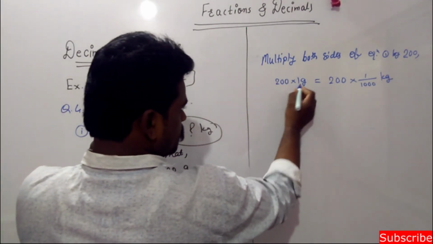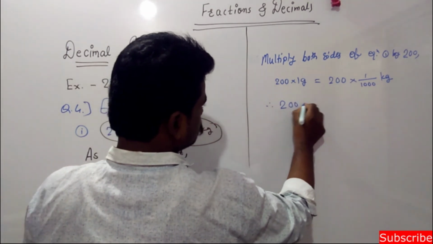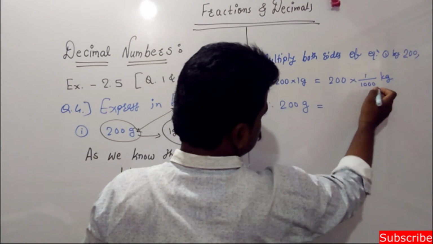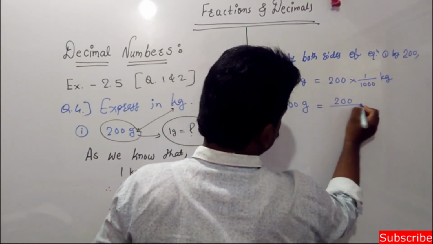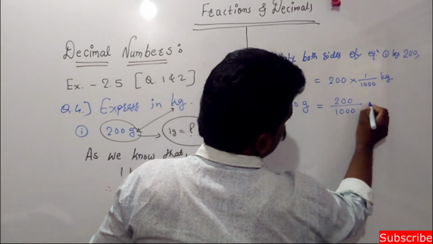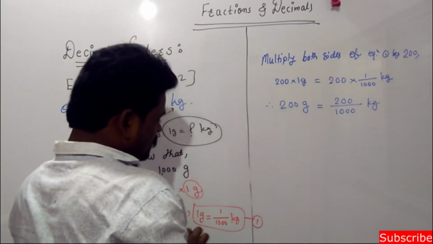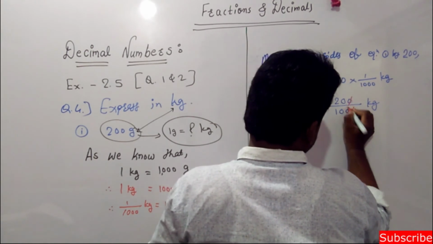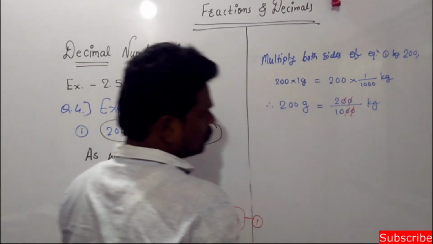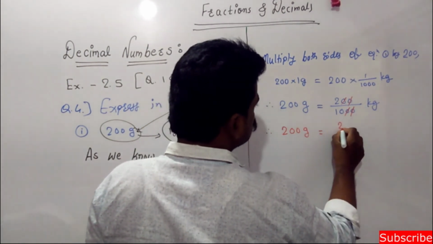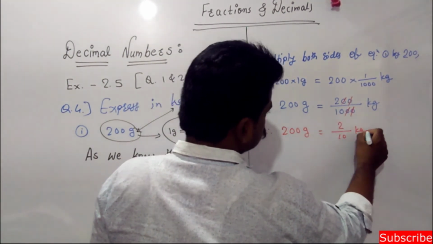So 200 into 1 means 200 gram is equal to 200 into 1 upon 1000, we can write in this way, 200 divided by 1000 kilogram. Here we can easily cancel the zeros. Therefore 200 gram is equal to 2 upon 10 kg.